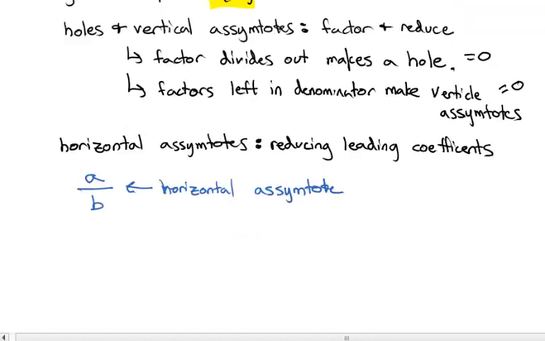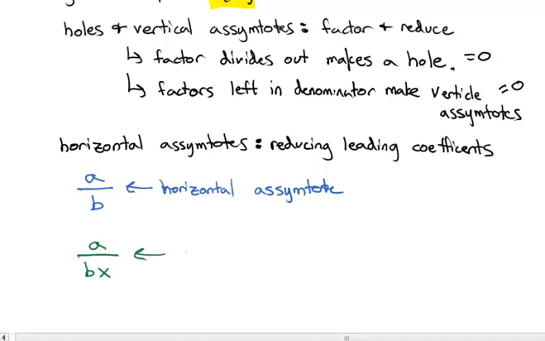However, sometimes we still have some x's left. We might have a number divided by a number times x. Maybe it's x squared, maybe it's x cubed. The idea is that if the x left in the denominator gets bigger and bigger, we'll have a small number divided by a big number, which is really, really small.